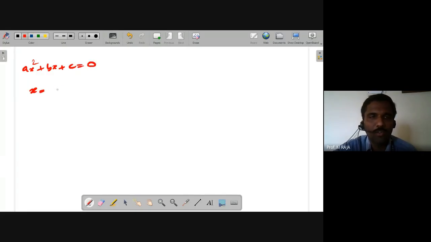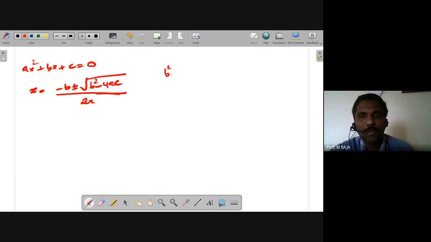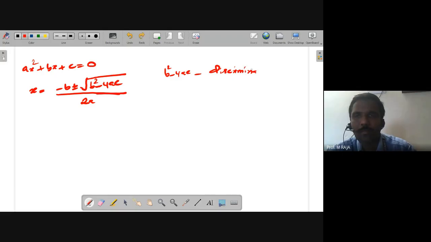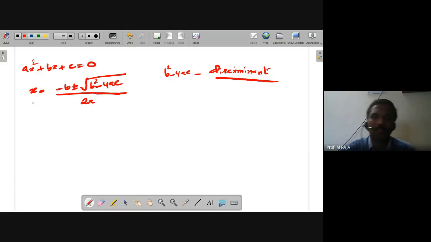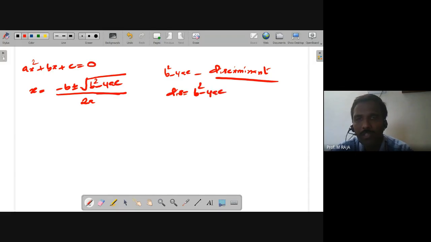The formula is x is equal to minus b plus or minus square root of b square minus 4ac by 2a, in which b square minus 4ac is the discriminant. Let it be d, or discriminant is equal to b square minus 4ac.